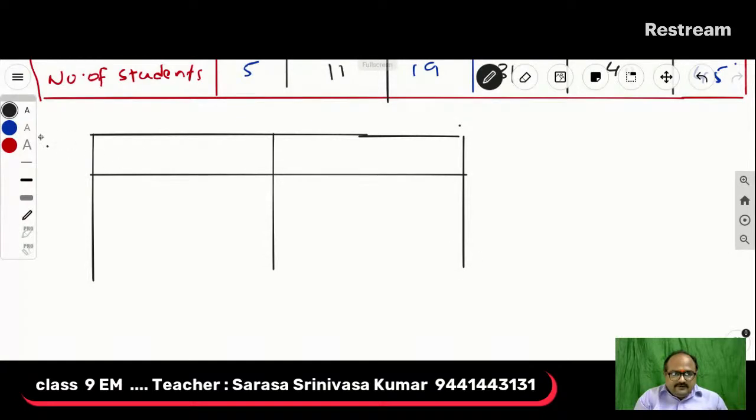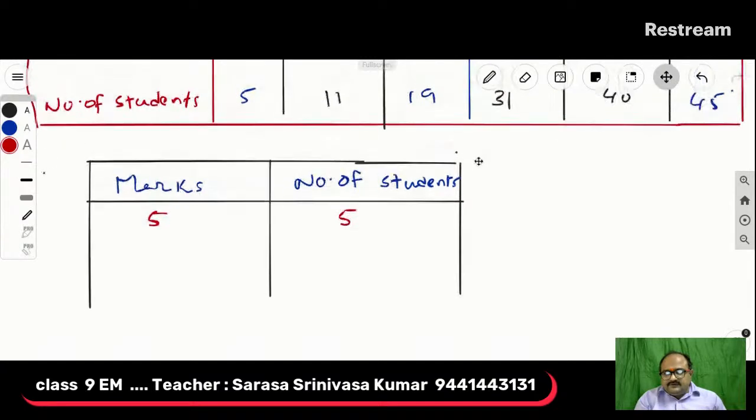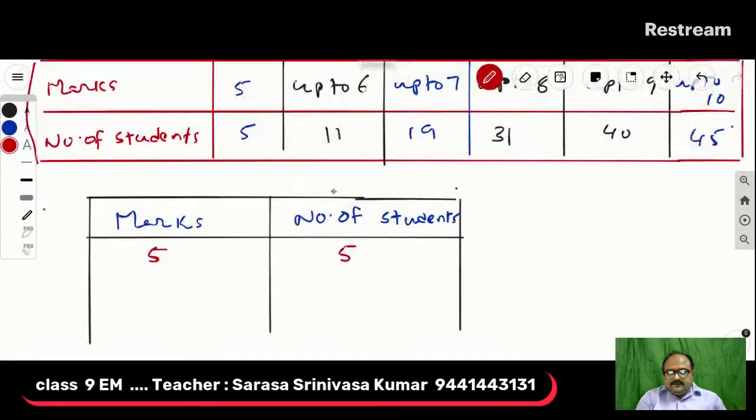The first column is marks. Second column is number of students. So first 5 marks, number of students is 5. Next, we want to prepare for 6 marks.